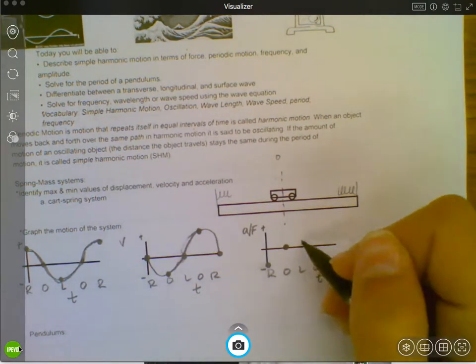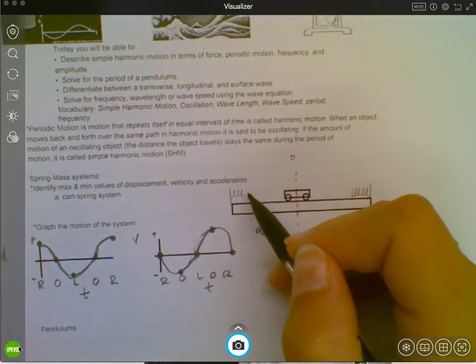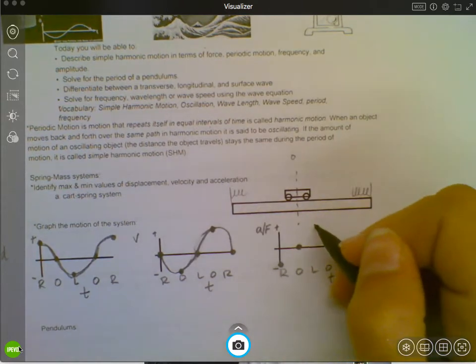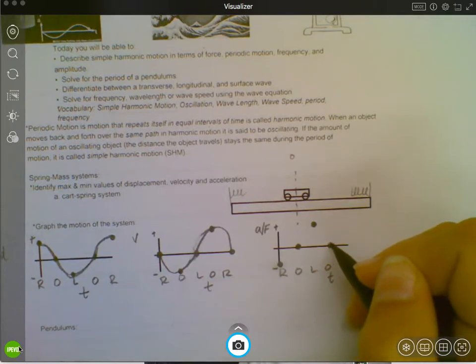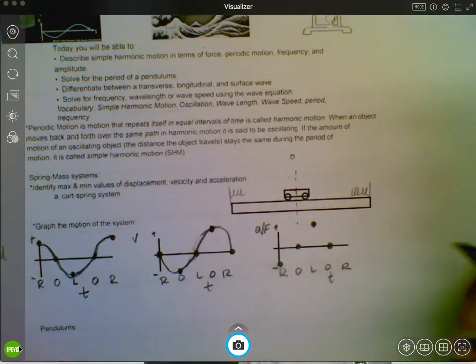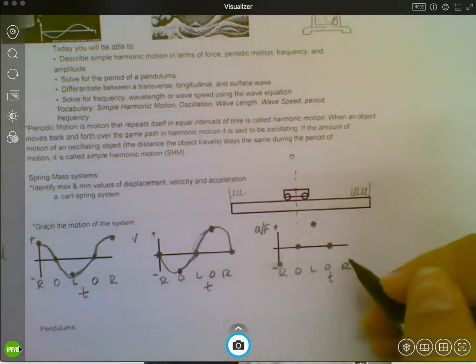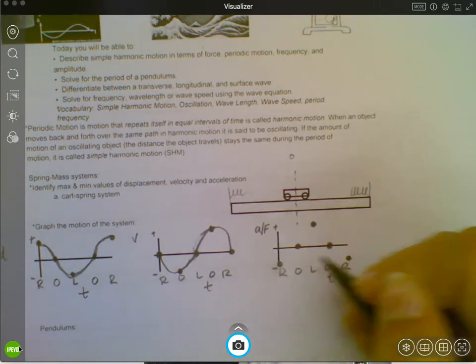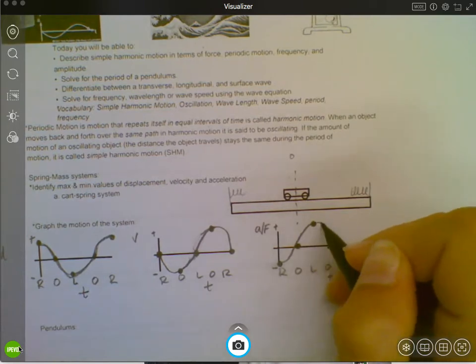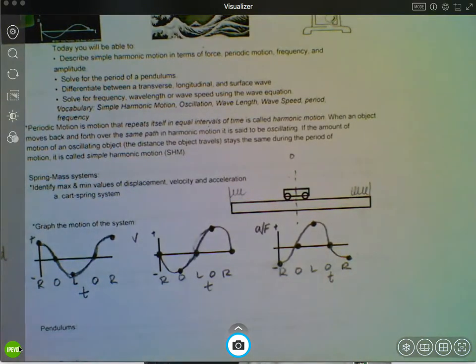When it is pushed far left, the force would be to the right at its greatest amount. Back to 0 when it hits the origin. It's still moving, but it's just not being pushed or accelerated. Then when it's far right, it'd be back to the negative. So this graph looks something like that.